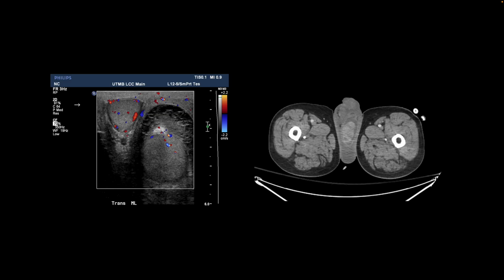Here's our next patient. We have 2 images, one of the ultrasound on the left showing a normal appearance of the right testicle, and the left testicle appears enlarged, and there is a complex hydrocele around it.